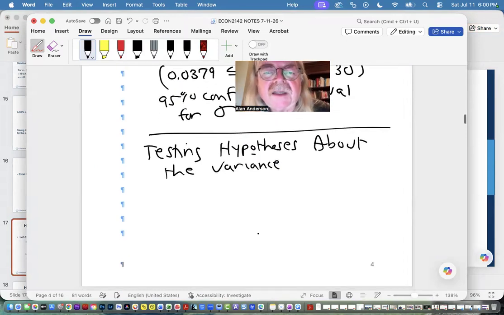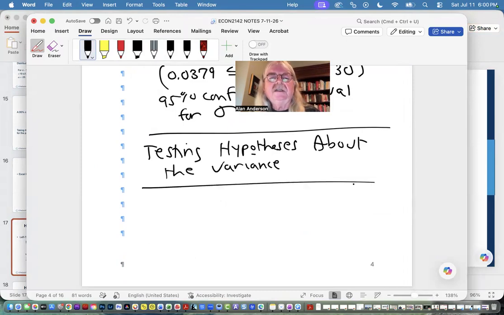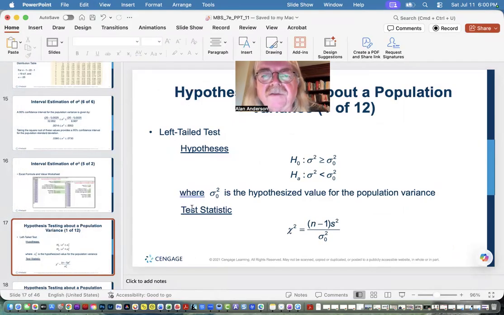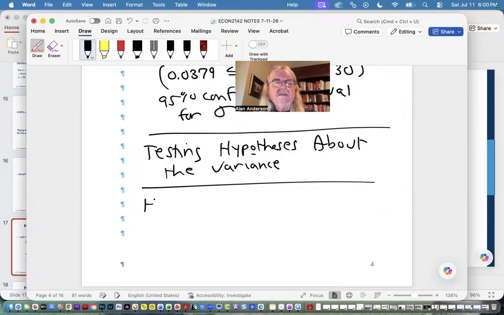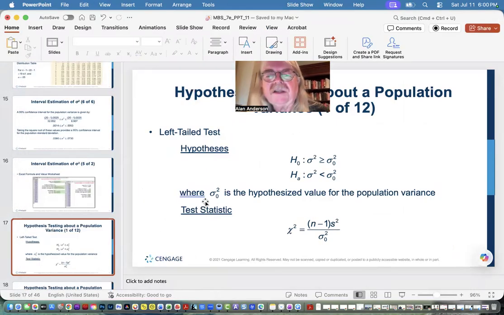And it's just exactly like the previous chapter, except it's the variance instead of the mean. First, we have a left-tailed test.